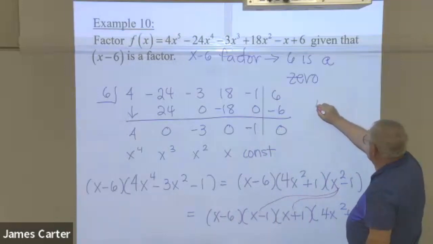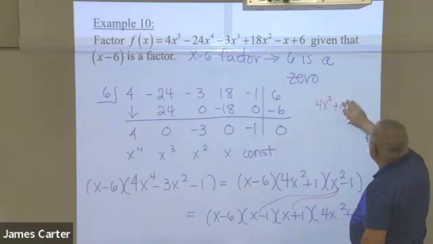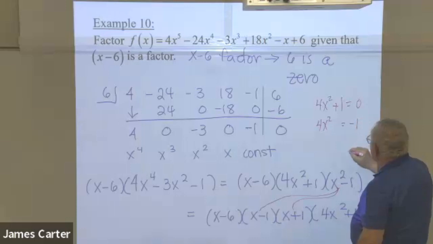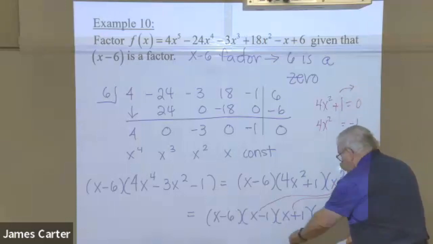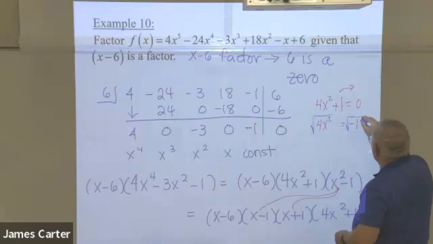Okay? So if you got 4x squared plus 1 equals 0, then you have 4x squared equals -1 when you take this over. Now, the next step, take the square root of both sides, plus or minus.